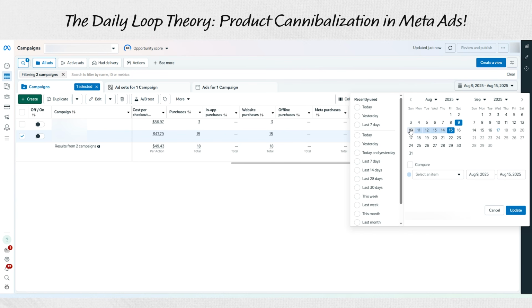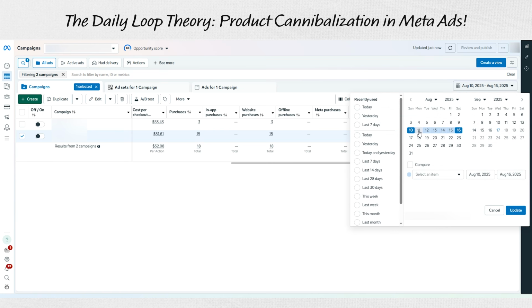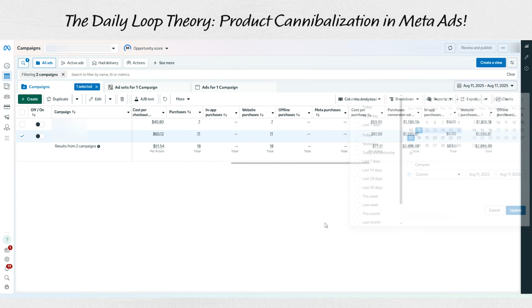Then I started looking at individual campaigns, and I started seeing what happens when I'm using the same creative in 2 or 3 campaigns. By the way, for all of the things that I'm saying, I have different Loom videos showing this happening, so you can go and see it in the other videos. There I was showing, for example, that with one campaign I was getting 50 sales.